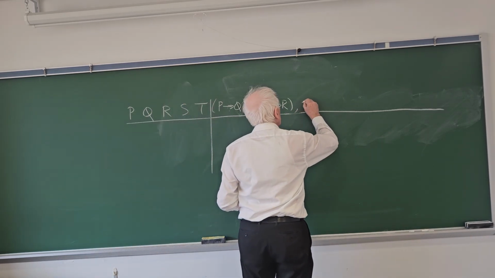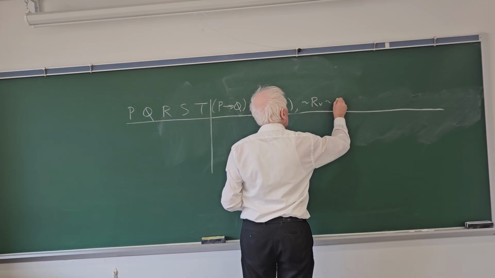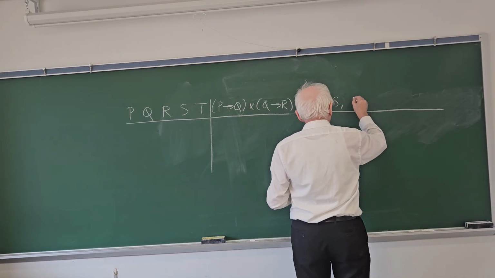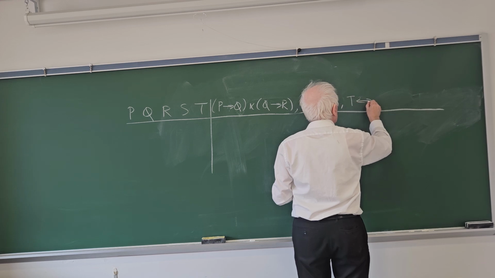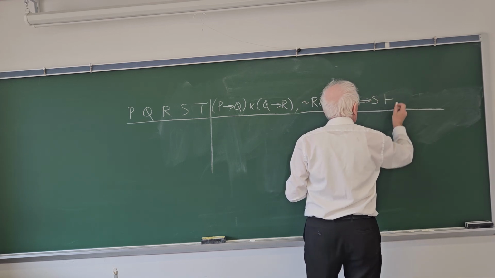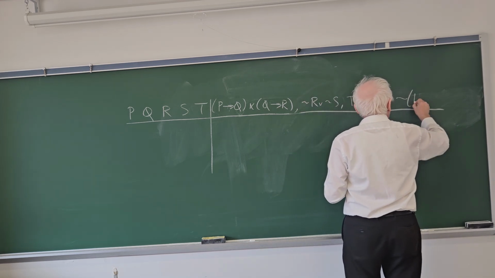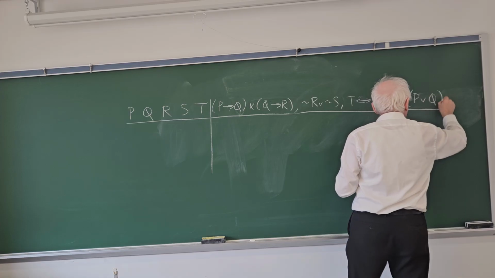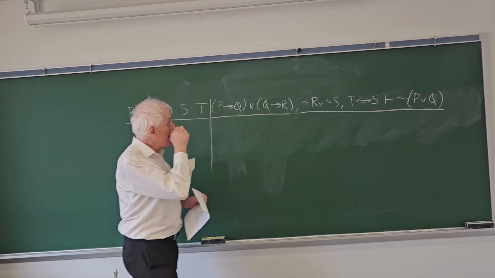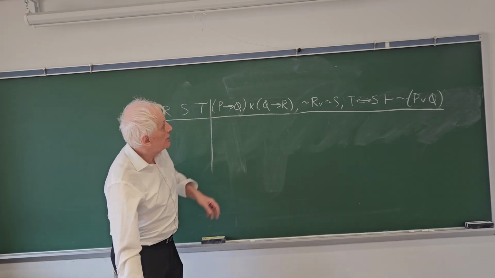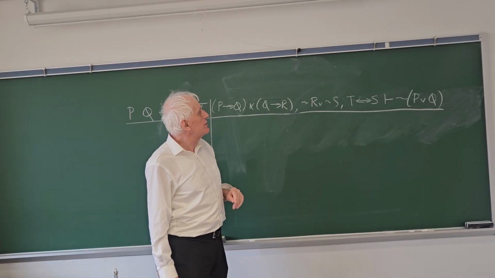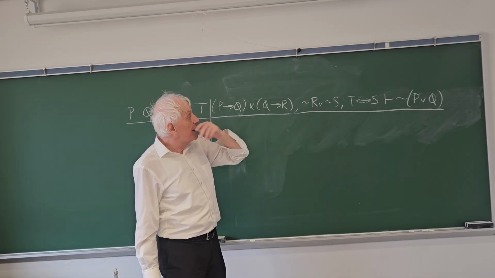A disjunction is the second premise, either not R or not S. The third premise is T if and only if S. And then the conclusion is neither P nor Q. So we have a conjunction of two conditionals, a disjunction of two negations, a biconditional, and then a negation.